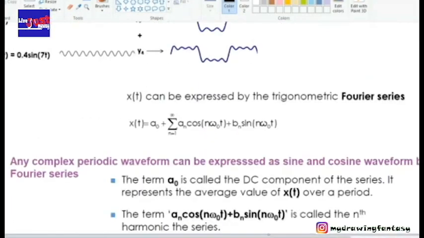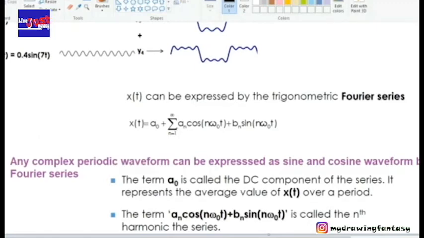The Fourier series states that x(t) can be expressed by the trigonometric Fourier series. x(t) is equal to a0 plus the summation of an cos n omega 0 t plus bn sin n omega 0 t. So we can conclude any complex periodic waveform can be expressed as sine and cosine waveforms by using the Fourier series.